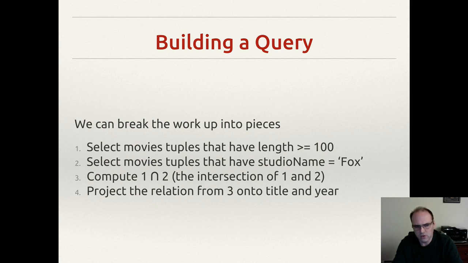We could do a selection on movies for tuples that have a length greater than or equal to 100. We could then run a separate selection on movies for tuples that have a studio name equal to Fox. Then we could take the intersection of those two result sets, meaning where they overlap, because remember this was an and, and that's all we care about. Then we take that result and use projection to only return the title and year attributes that we cared about.